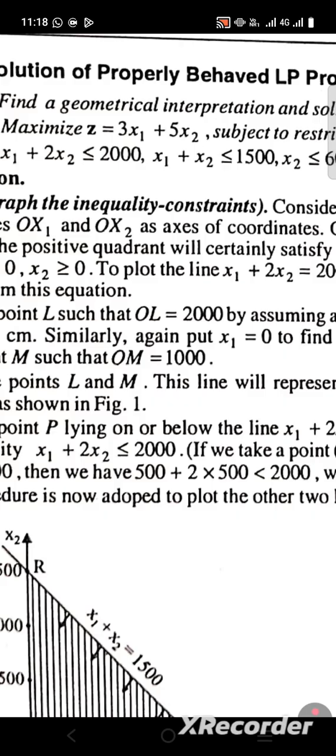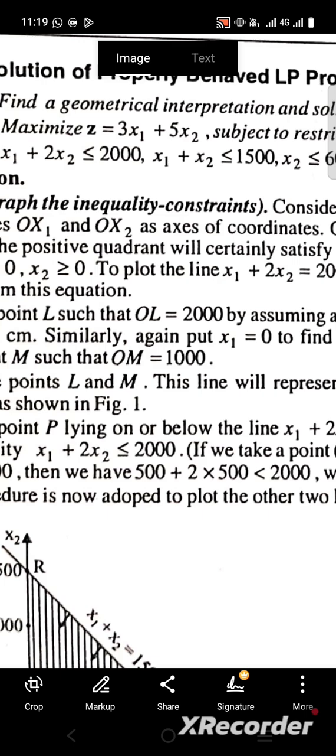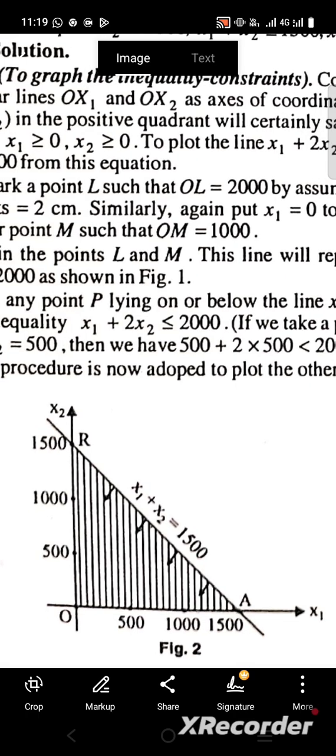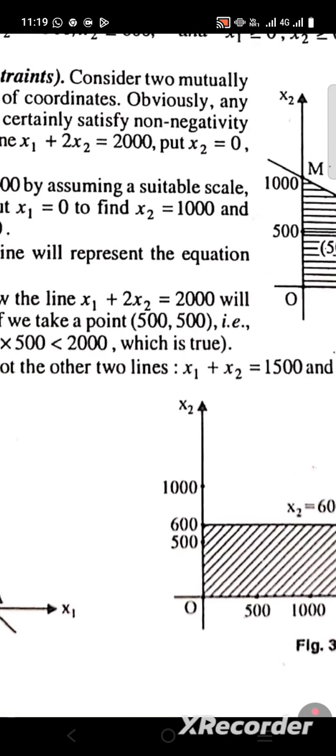Here put x2 equal to 0, so x1 equals 1500, and again put x1 equal to 0, so x2 equals 1500. Note the points on the lines OX1 and OX2: we denote the point on OX1 as A, that is 1500, and on OX2 as R, that is x2 equal to 1500. Join the line RA, that is x1 plus x2 equal to 1500.